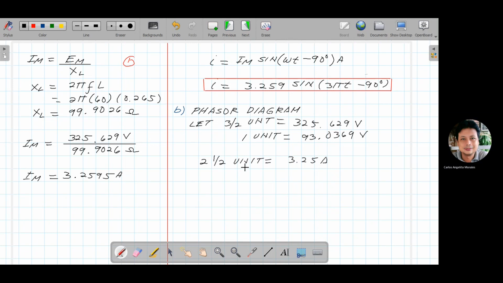Tapos 1 unit ngayon is equals to 93.0369 volts yan.